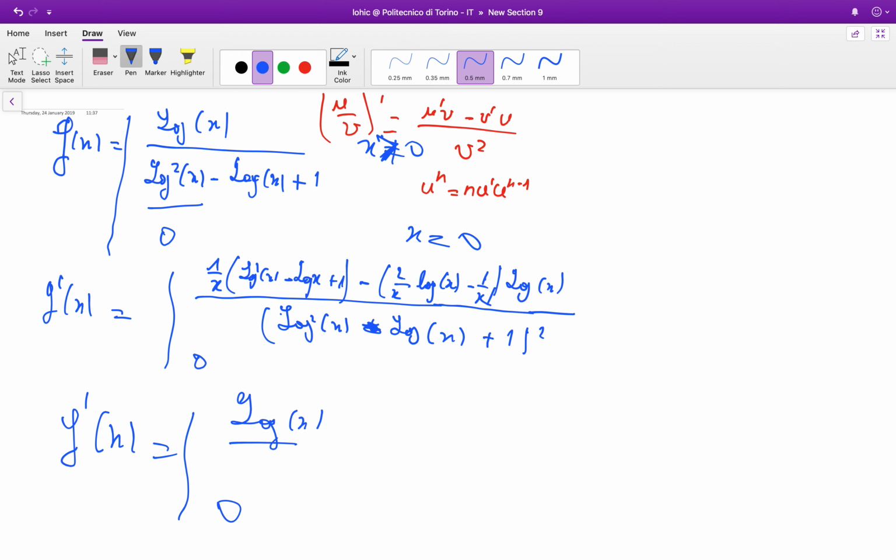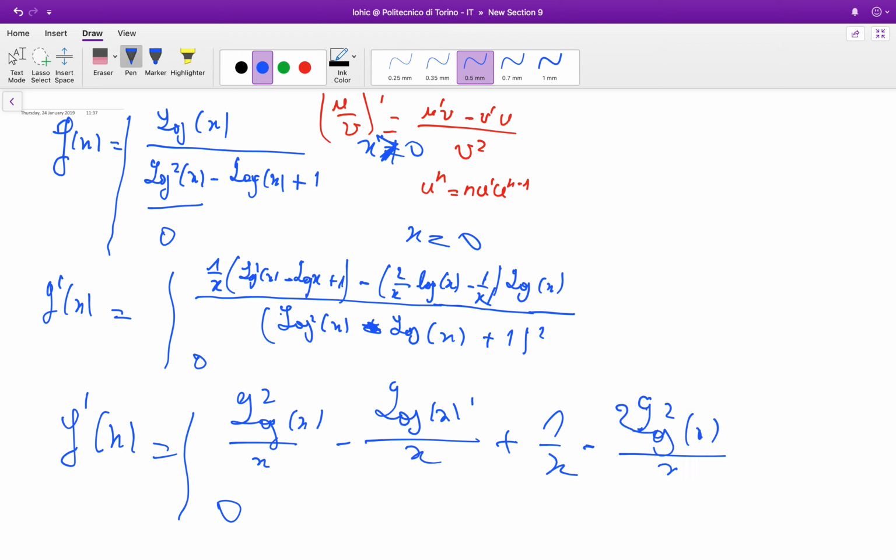Log x over x, log square x over x times, then minus log x over x, then plus 1 over x, then minus 2 log square x over x, minus log x over x.